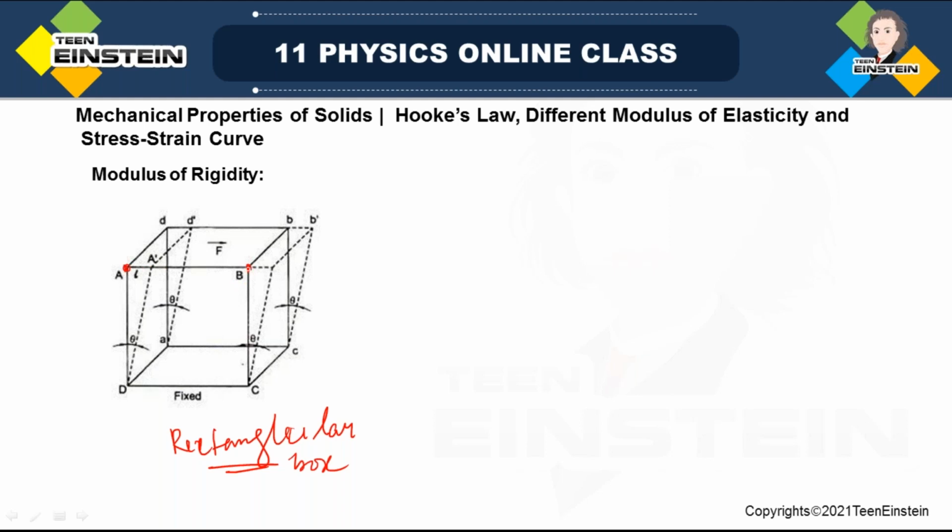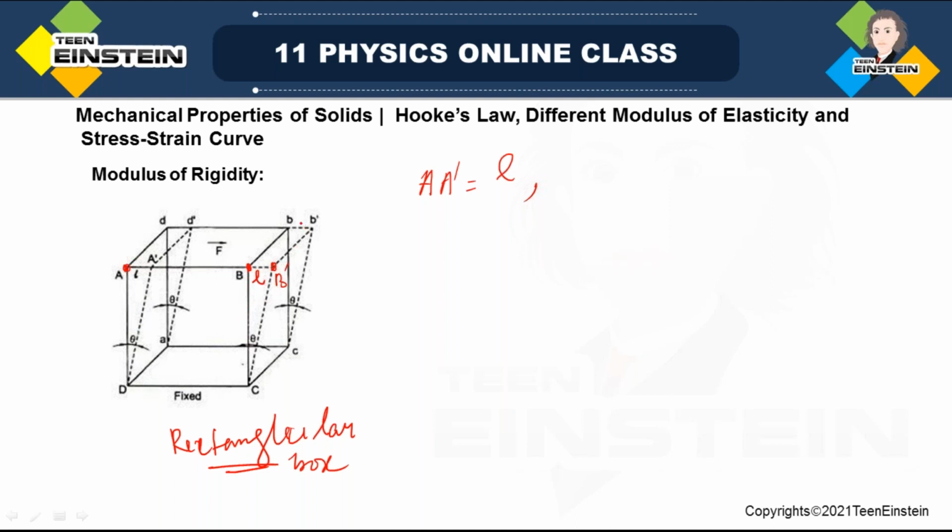Suppose earlier it was at A and B, the endpoints. Now the edges get displaced: A gets displaced to A prime, this length is L, and the same length applies to B, which gets displaced to B prime.